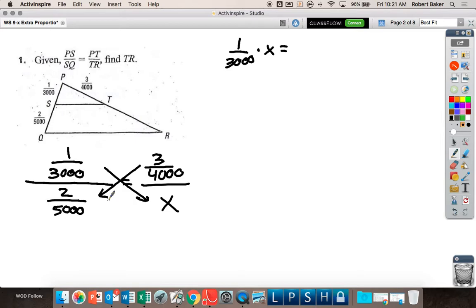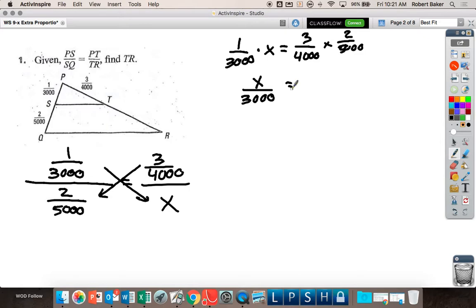You get 3 4,000ths times 2 5,000ths. I'm writing it this way so you can see the process. Those are the two numbers we're multiplying. So 1/3000th times x is x over 3,000.